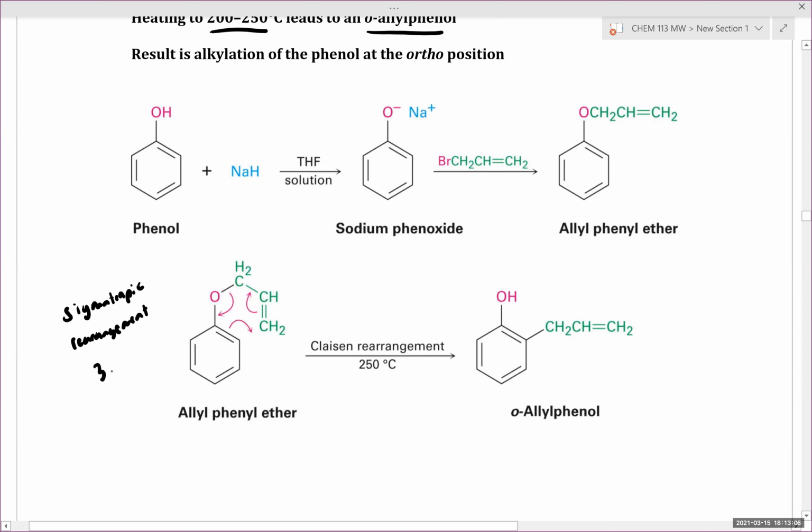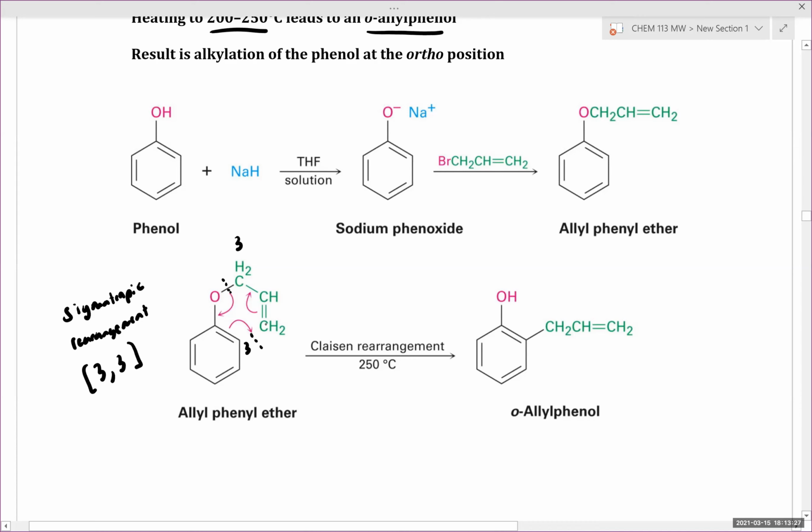And this is called a 3,3 rearrangement, designated by the fact that if you look at the bonds that we're forming and breaking, we're forming a bond and breaking a bond at position 3 relative to each of these fragments.